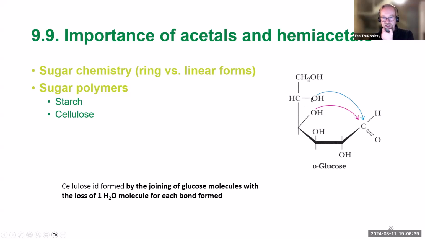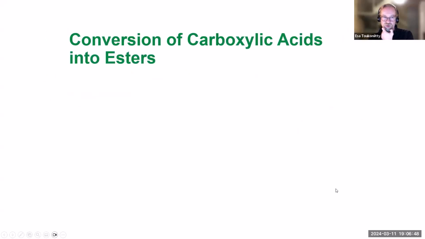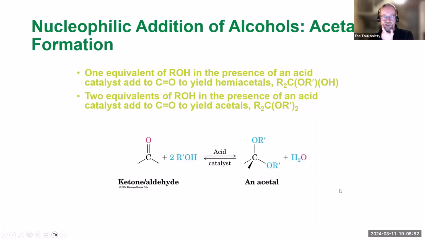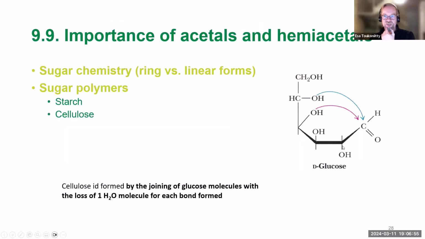These basically react within the same molecule, so it's an intramolecular reaction, and then you form these, I don't have the slide here, sorry. So then you form this cyclic, pyranose, furanose structures of that sugar.